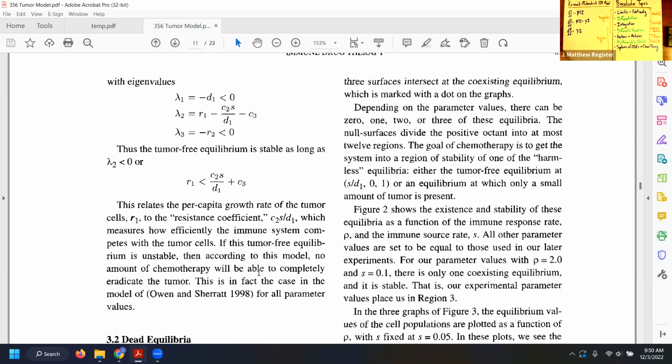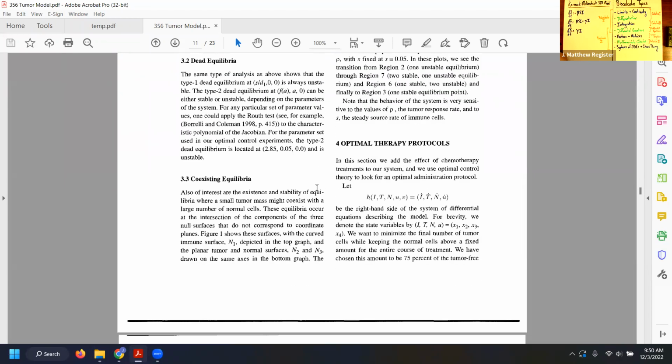They will be at a steady state. And that's really the goal of chemotherapy. And so this is a mathematical model which shows what is going on with tumor growth when we are introducing drugs into the system. And it uses a little bit of everything that we just discussed.